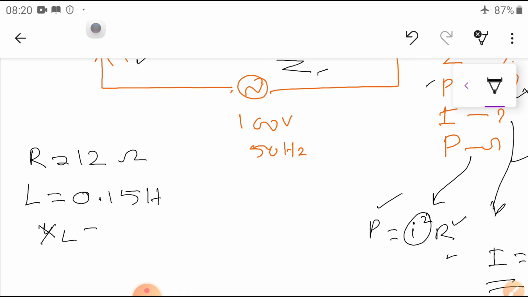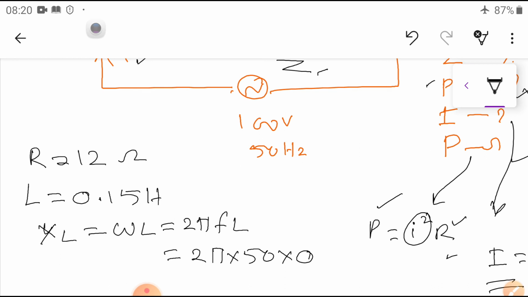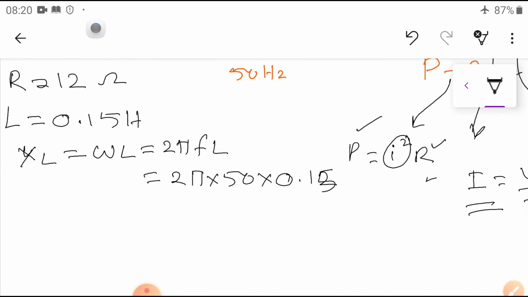XL is equal to omega L, that is equal to 2 pi F L. Here 2 pi is a constant, F is 50 Hz, L is 0.15 henries. Multiplying this, I am going to get the value 47.12 ohms. Okay, the XL value I got.